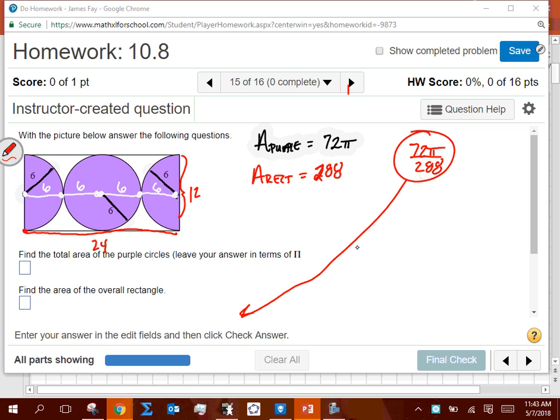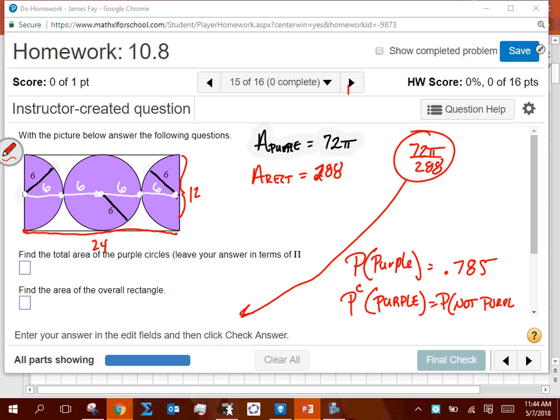So the probability of purple, just going to evaluate this real quick, 72 pi divided by 288 is 0.785. The probability of the complement of purple is exactly the same thing as the probability of not purple, which is another way of writing this.